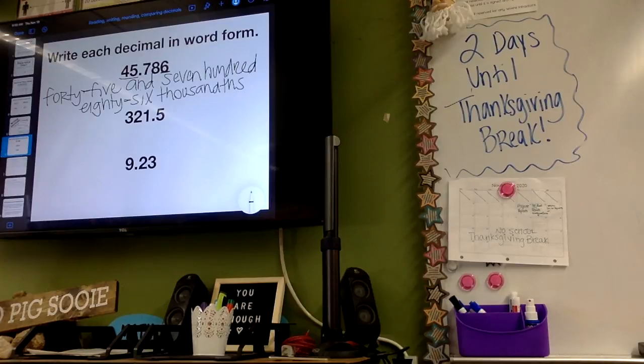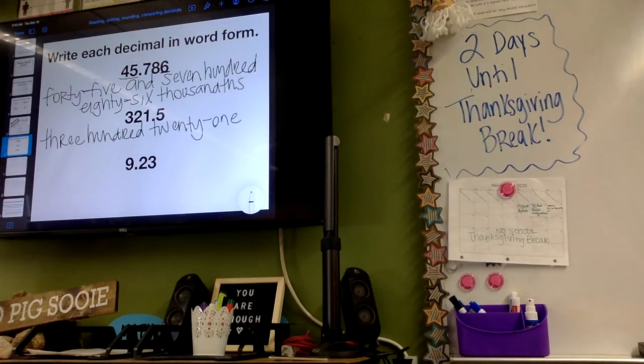All right, so let's look at the next one. The next one says 321 and 5 tenths. So first thing I do is write my whole number, 321.